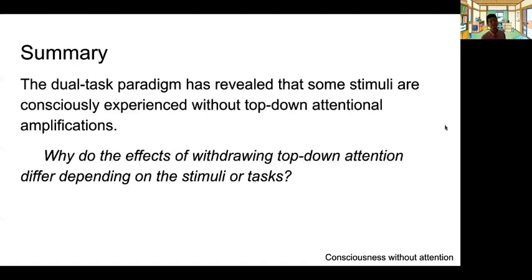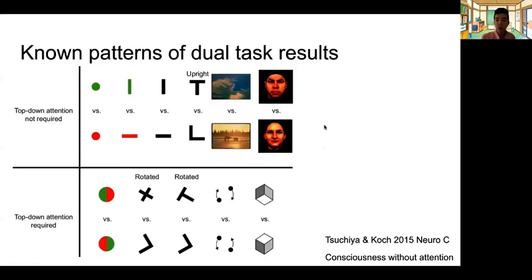But then the straightforward question is, why do the effects of withdrawing top-down attention differ depending on the stimulus or task? That's the next question. And in fact, when we reviewed the literature of the dual task situation, the pattern of the results is not that straightforward.